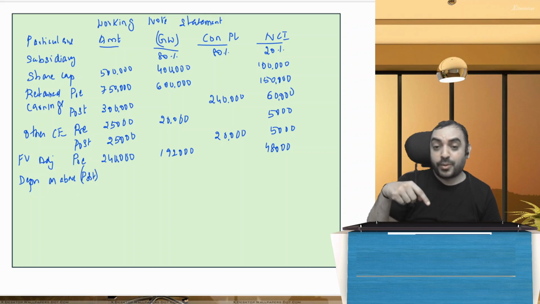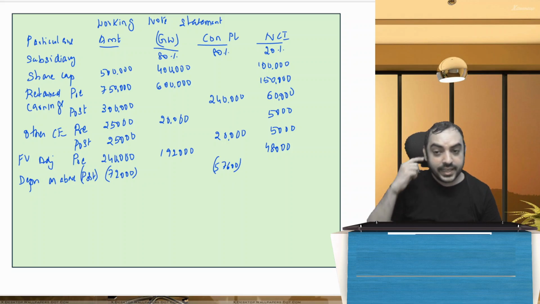I'm adding those two amounts, 60 and 12. And this will be minus 72,000, so I'll write it within brackets. 80% of that, 57,600, is post acquisition. So I'll take it in ConPL, and NCI 14,400 within brackets. Land anyway, no depreciation will come.